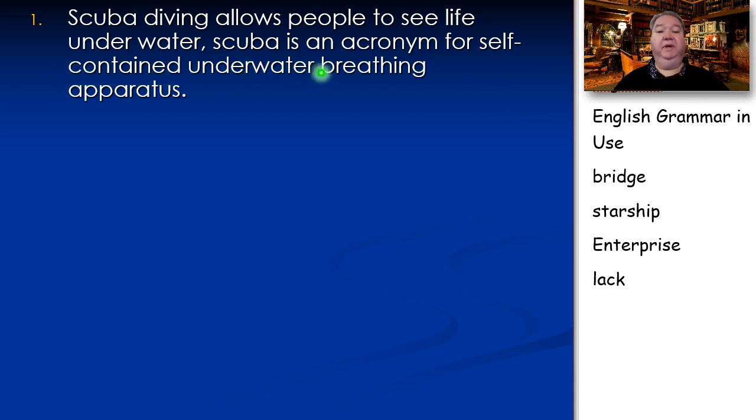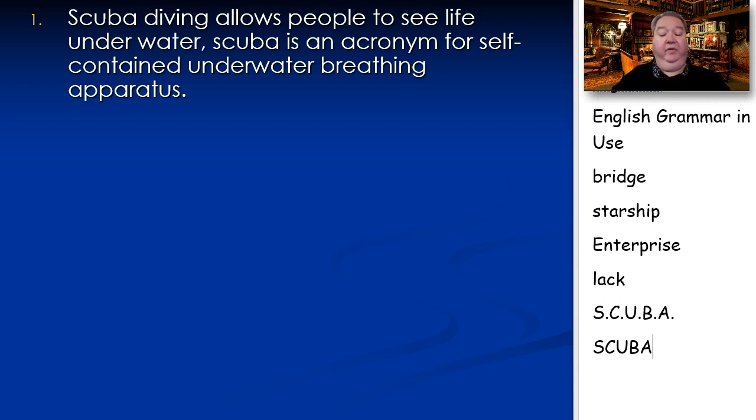S-C-U-B-A. SCUBA. Now originally that would have been written like this. S.C.U.B.A. And then later it was probably written as SCUBA without the periods.